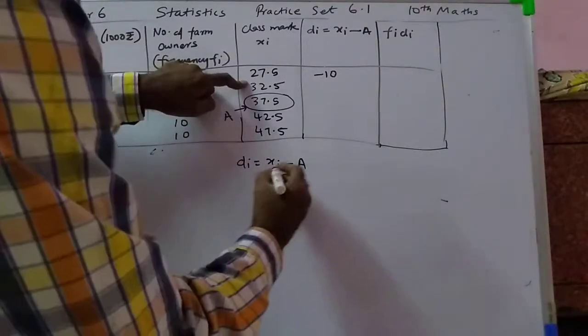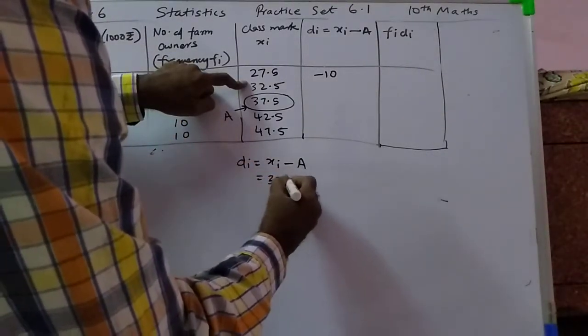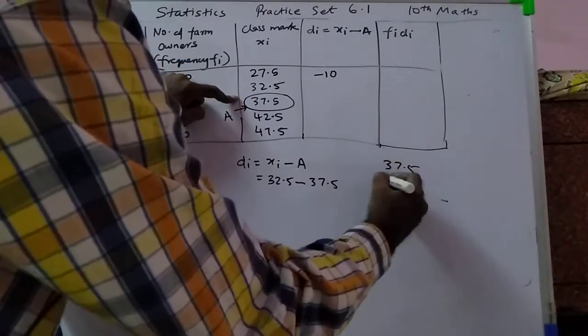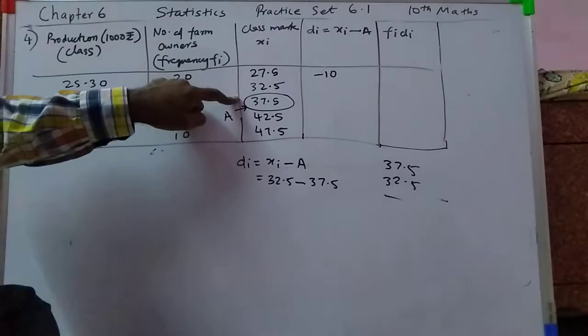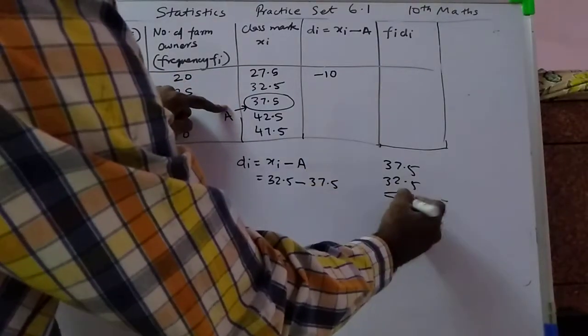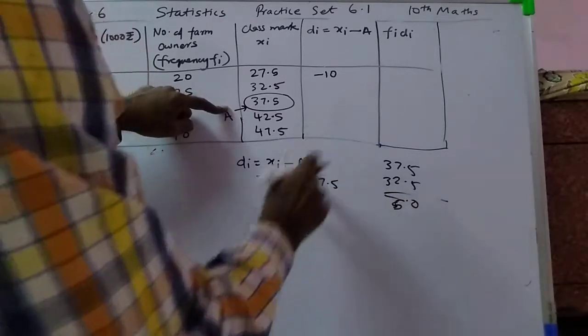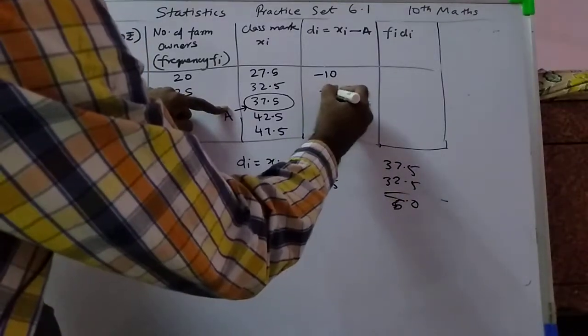Now take this one, 32.5 minus 37.5, that will get 5, but here minus is big, so minus 5.